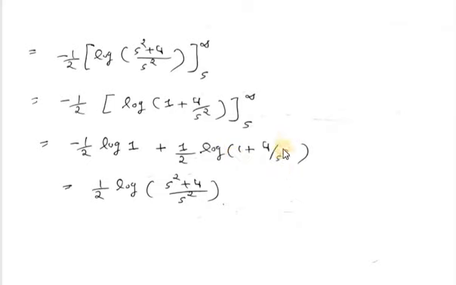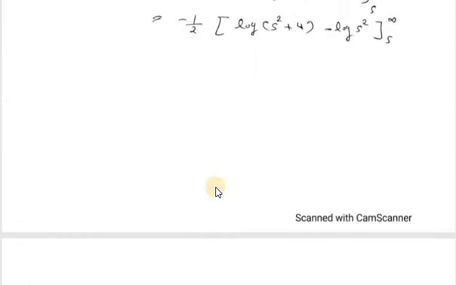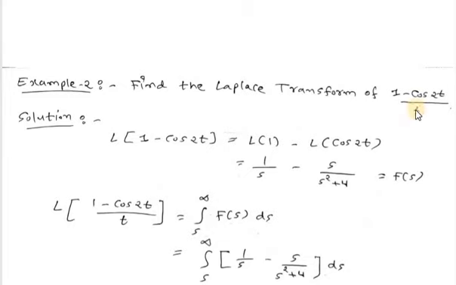You can simplify this function by taking LCM s square, so it becomes half logarithm of (s square plus 4) divided by s square. Okay, so this is the Laplace transform of (1 minus cos 2t) by t.